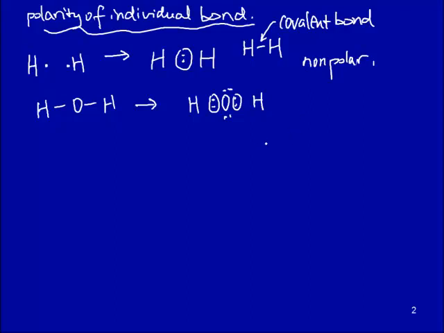Oxygen has a higher electronegativity compared to hydrogen, so the pair of valence electrons shared between those two is getting closer to the oxygen atom and slightly away from the hydrogen atom. So you impart a slightly negative charge on the oxygen atom and slightly positive on the hydrogen, and also on this side it is slightly negative on oxygen, slightly positive on the hydrogen.